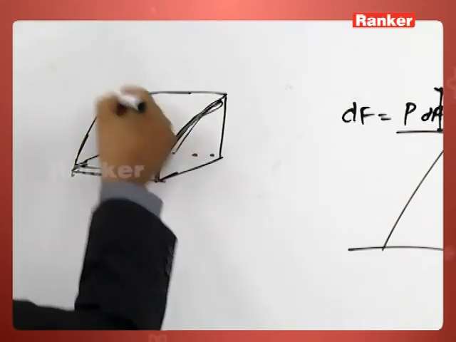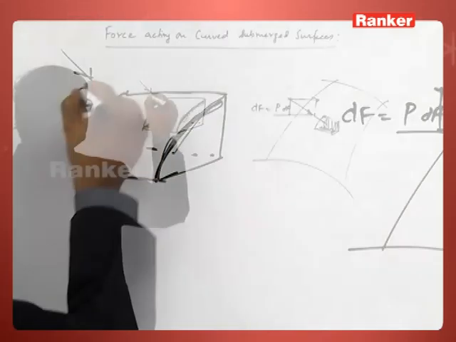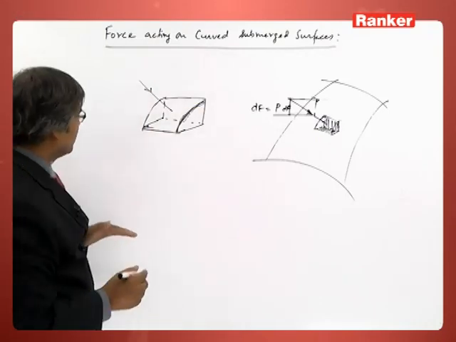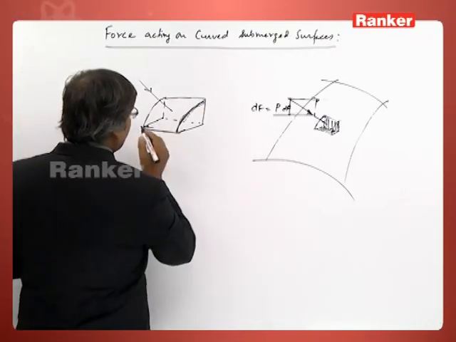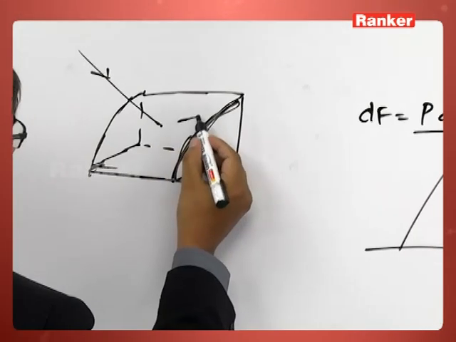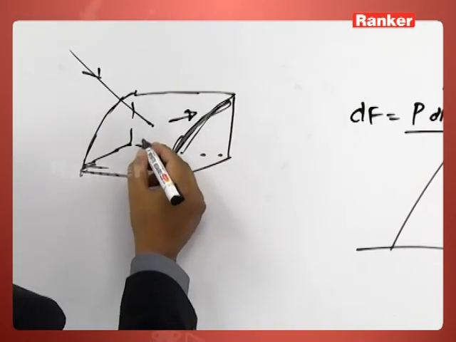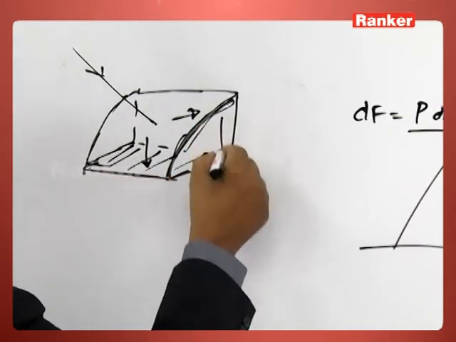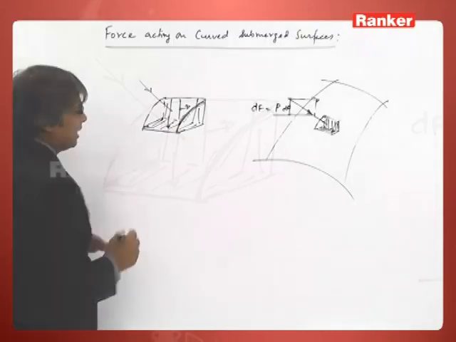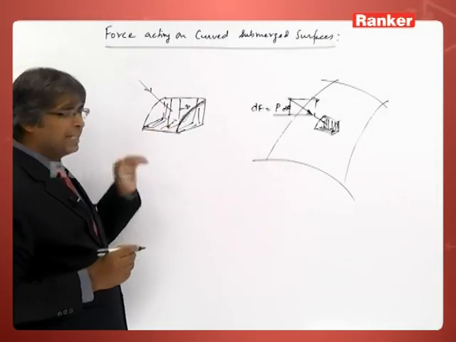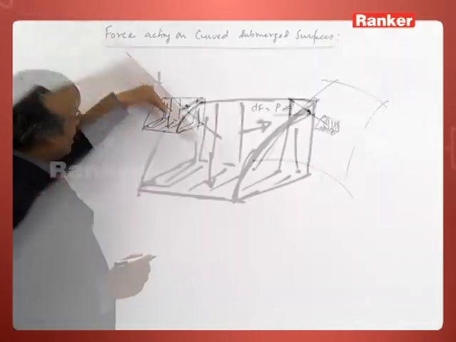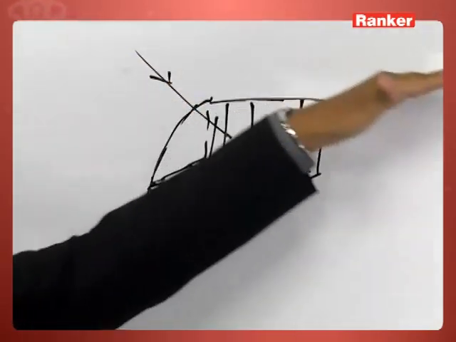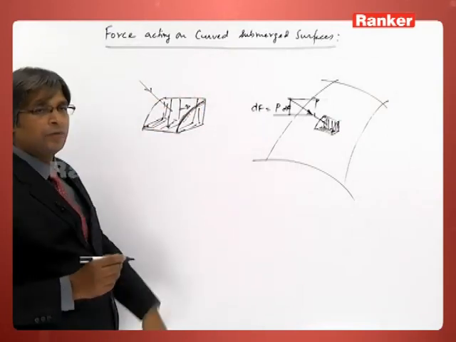The fluid pressure is acting along this, so this fluid pressure force will have two effects, one on the vertical face and another on the horizontal. We will separately calculate the components of this fluid force along the horizontal and along the vertical.